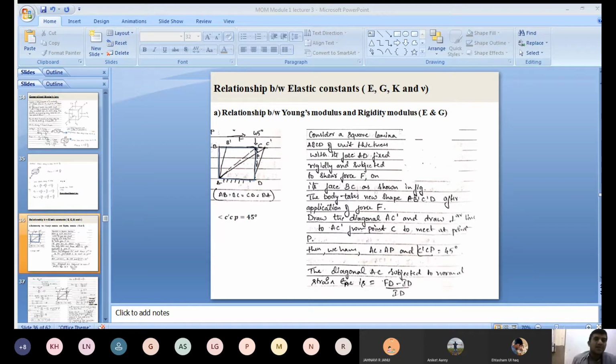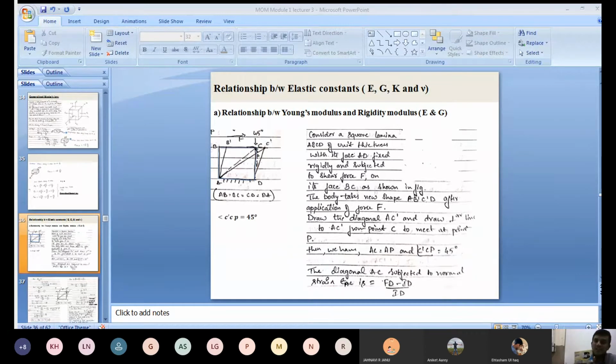The first relationship you are taking here is between Young's modulus and shear modulus or rigidity modulus, that is E and G. For that, again we'll consider a plane lamina ABCD. A lamina is nothing but a thin sheet, a square lamina.